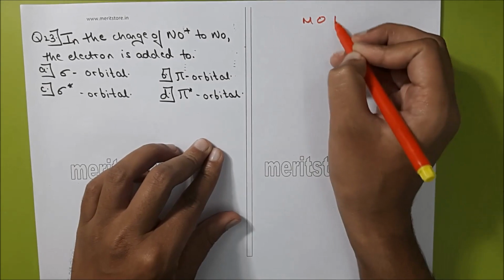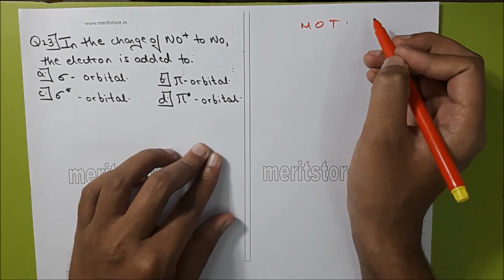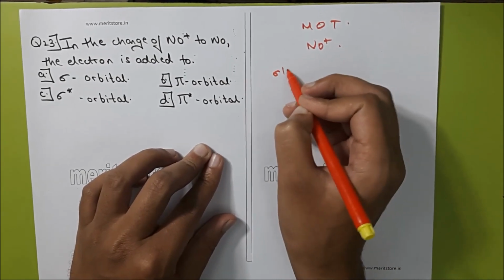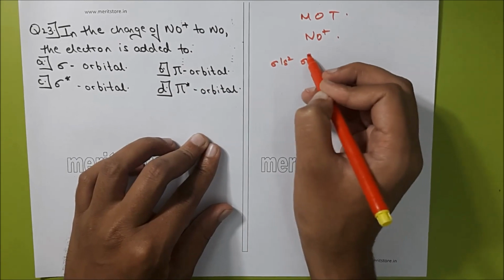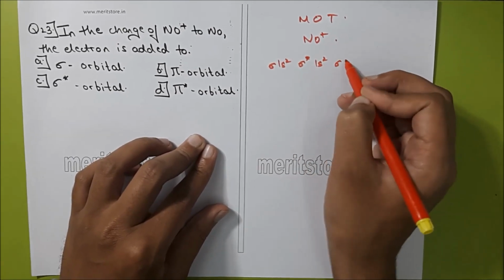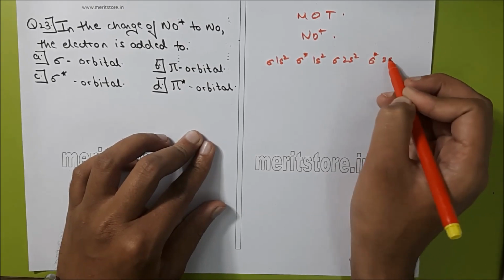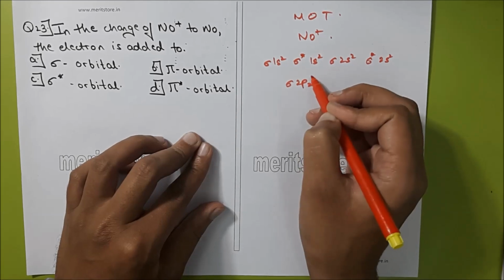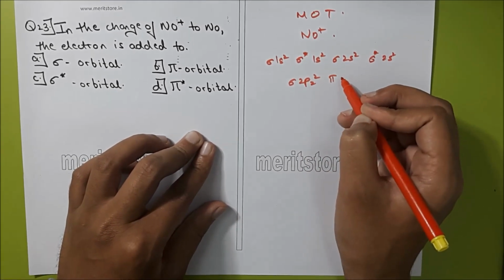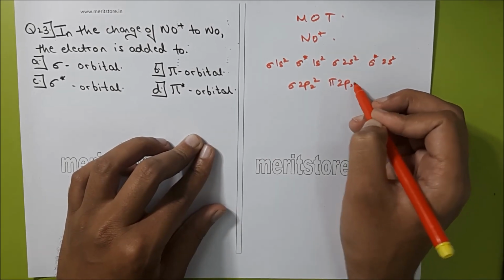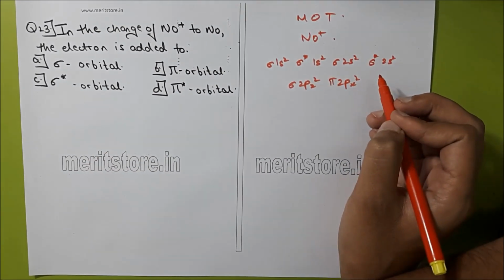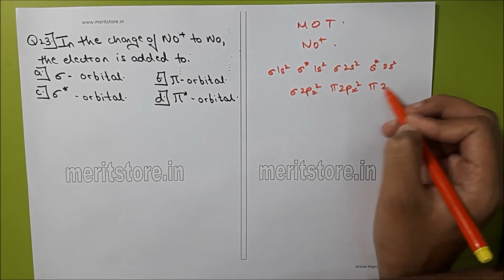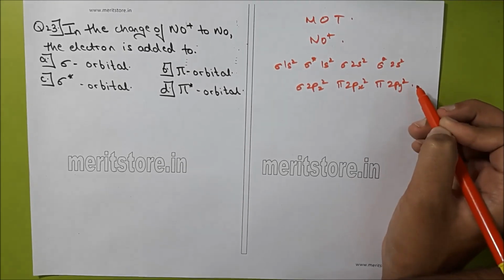By molecular orbital theory, the molecular configuration of NO plus is sigma 1s2, then sigma star 1s2, sigma 2s2, sigma star 2s2, then comes sigma 2pz2, pi 2px2. After that we get pi 2py2. So this is our NO plus.